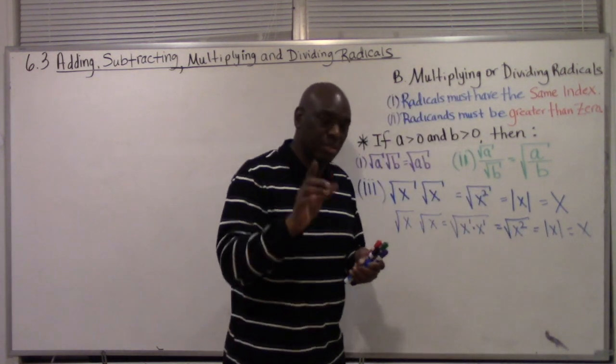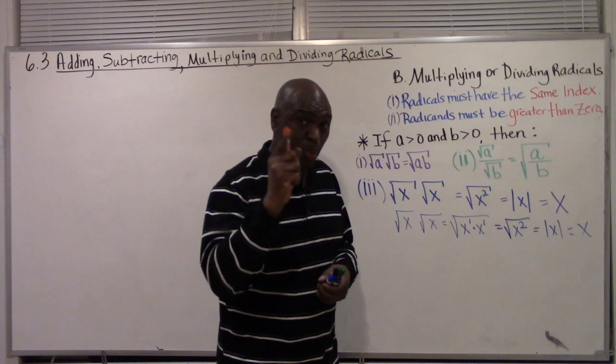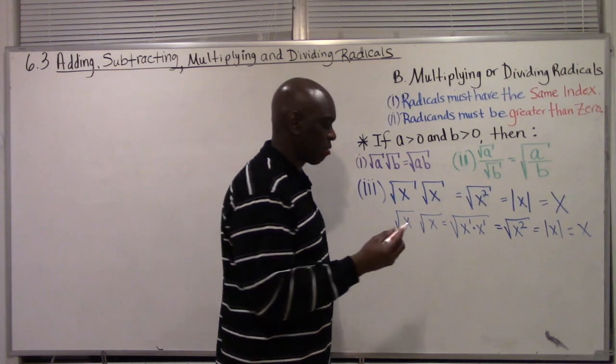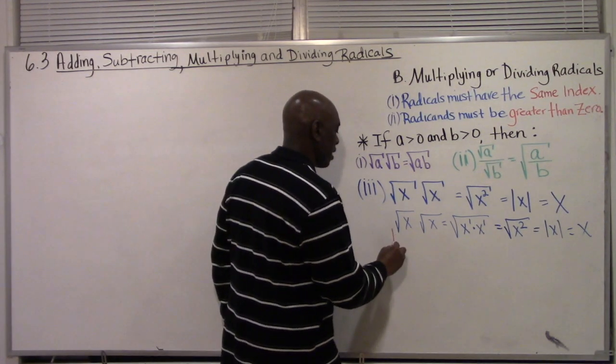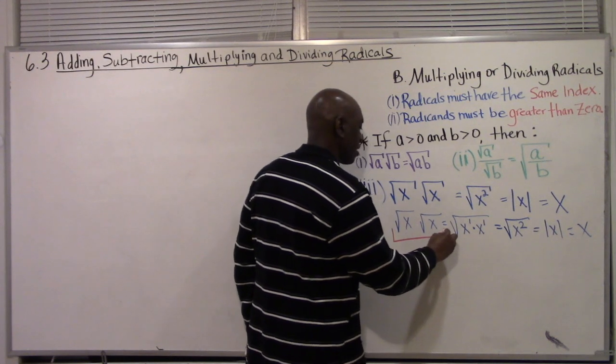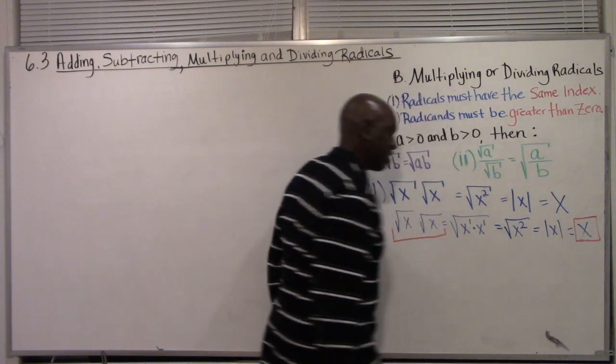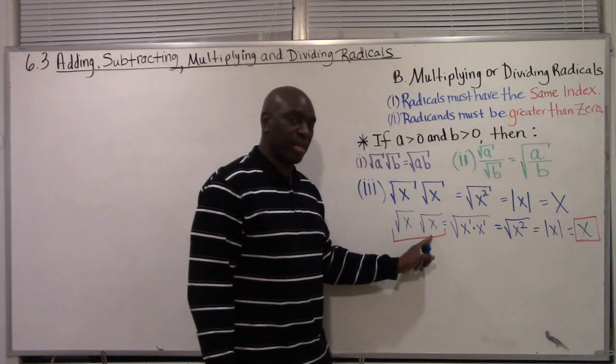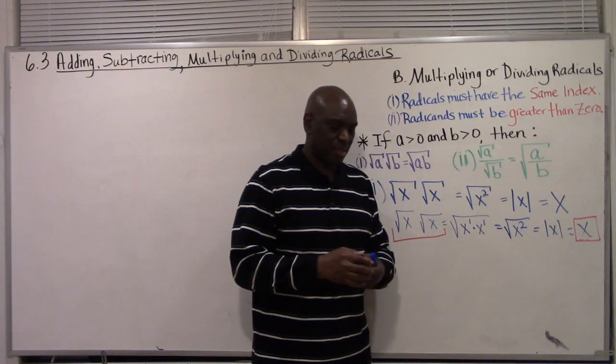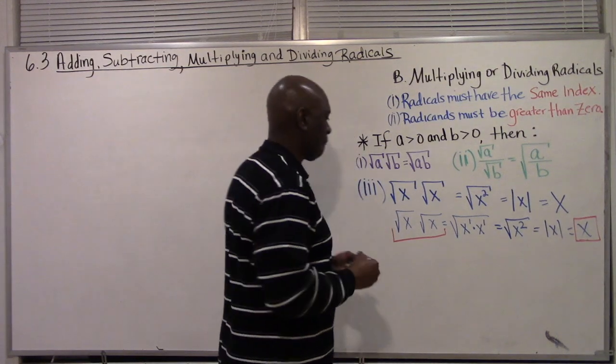Here's what I want you to understand and see. Here's the point. The square root of x times the square root of x is simply x. That's the answer. Root x times root x is x. Let me write it like this.